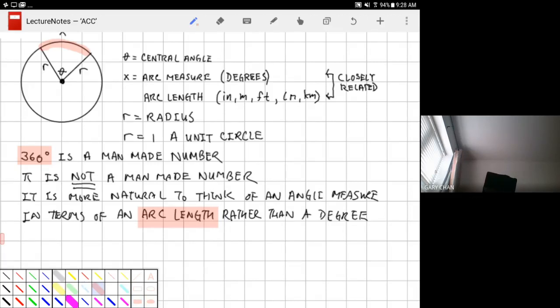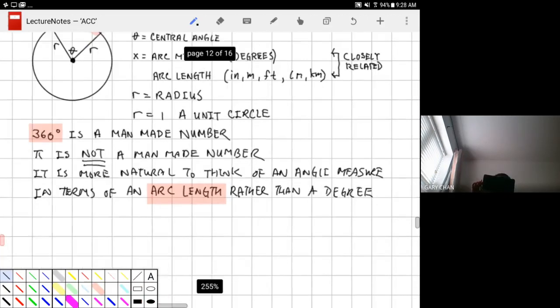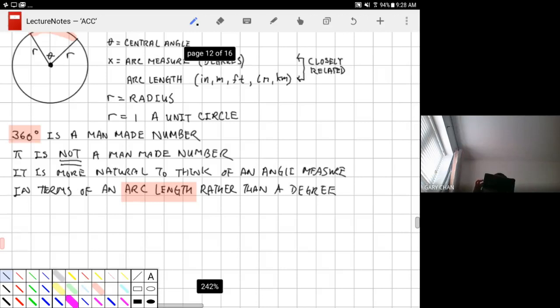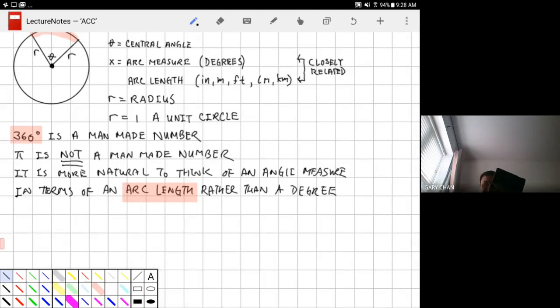Having said this, how do we correct this or make this idea of an angle measure, instead of measuring it in degrees? Is there another way for us to describe the angle, you may ask. Well, 360 degrees is a man-made thing, and we're saying 360 degrees is equivalent to one full arc length around a circle.